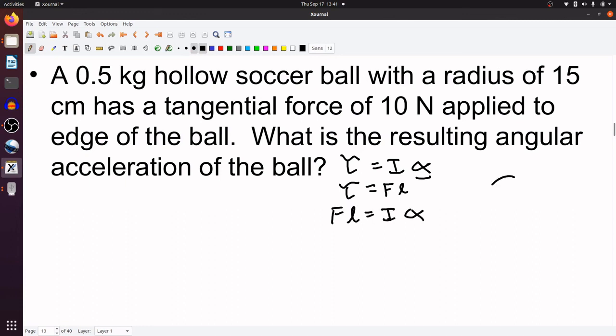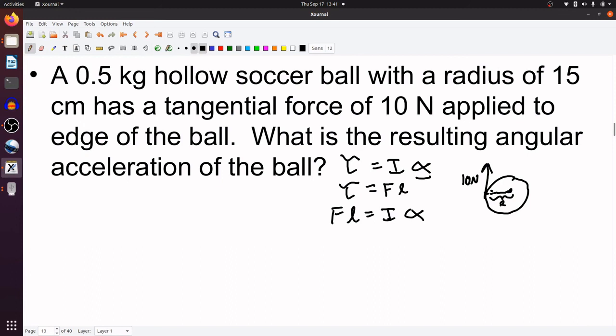What's going on here is you have a circle, a ball, and there's a tangential force of 10 newtons applied. So this will be my 10 newton force. It's applied around the edge of the ball because you're making it spin, right? And this right here is the radius of your ball.